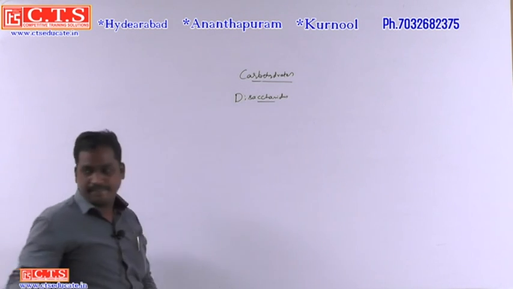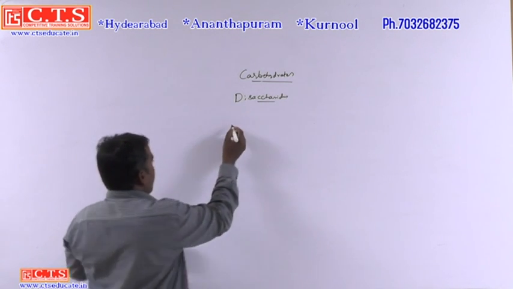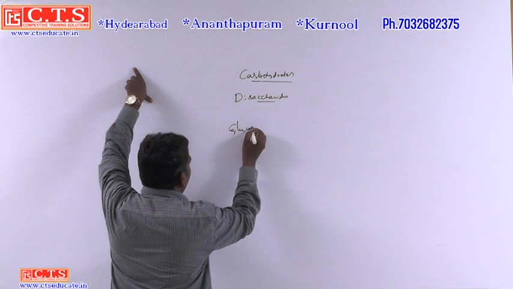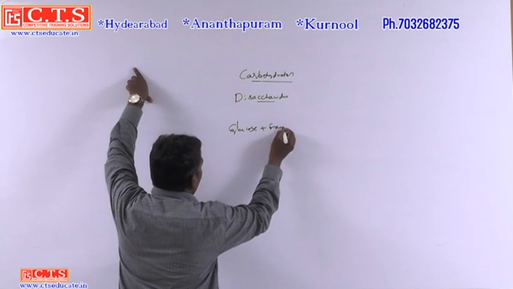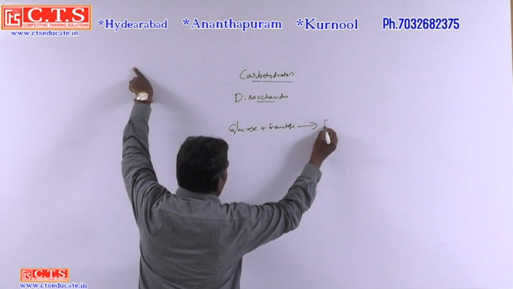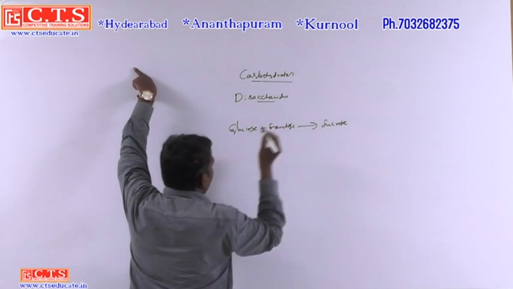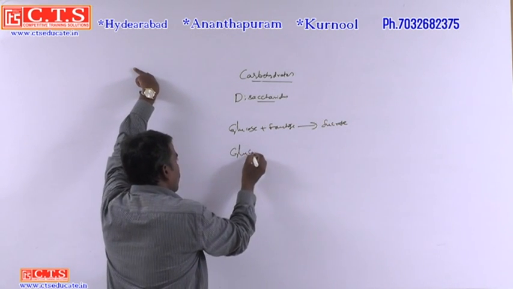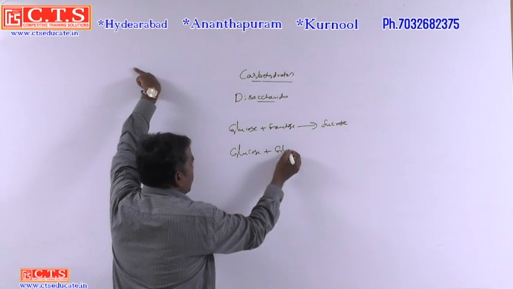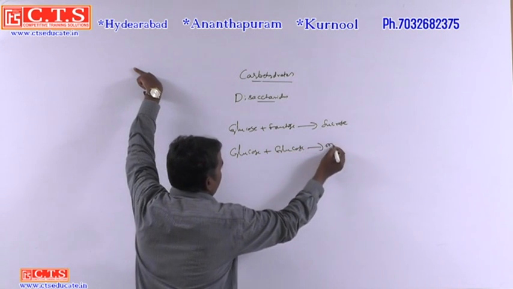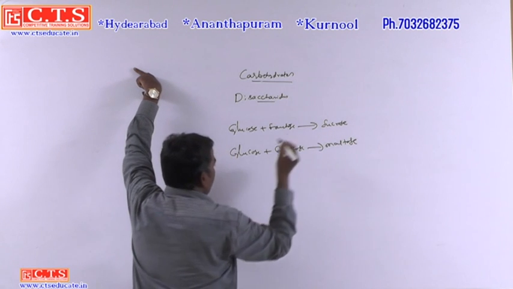Okay, key points about disaccharides. Glucose plus fructose gives rise to sucrose. Glucose plus glucose gives rise to maltose.